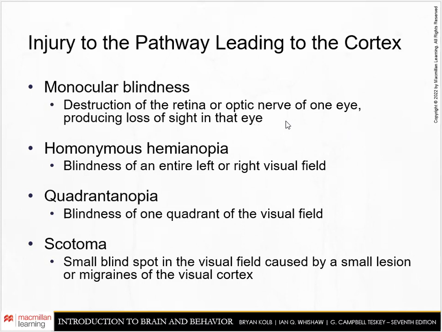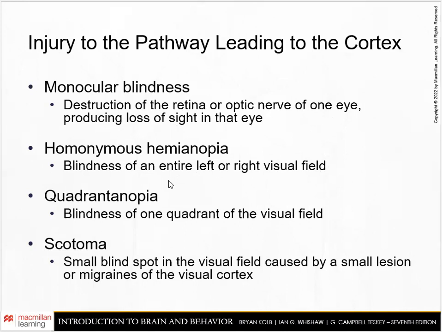Now, this is an important distinction from homonymous hemianopia. This is blindness of the entire left or right visual field. Again, let's make this distinction between what these two conditions might be from a clinical perspective, right? If somebody has damage to an eye, that means that all of the information from one eye, some from the left visual field, some from the right visual field, no matter which eye it is, some of that will be lost.